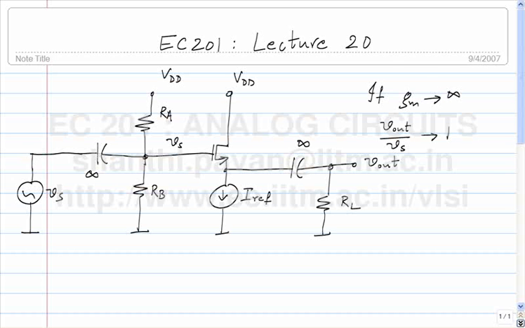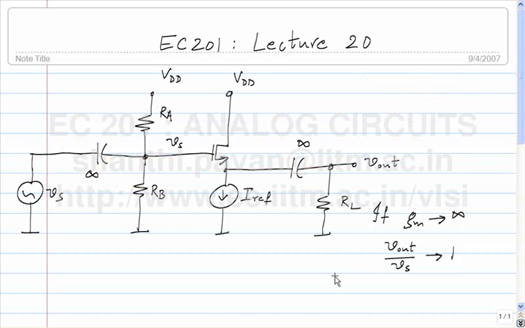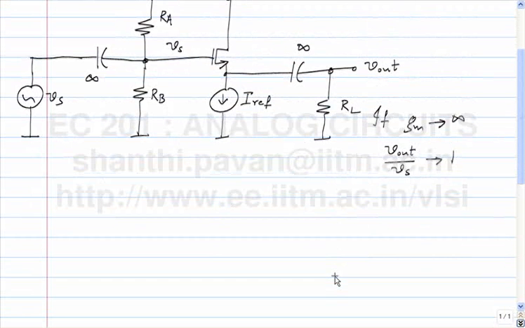By the same token, we also saw that the output impedance of the amplifier, Zout, tends to 0 as GM tends to infinity. In other words, when the GM becomes infinite, this behaves like an ideal voltage controlled voltage source with a gain being equal to 1, also called the source follower.